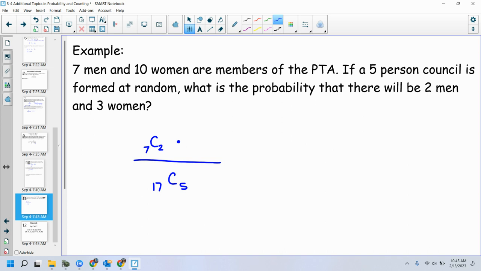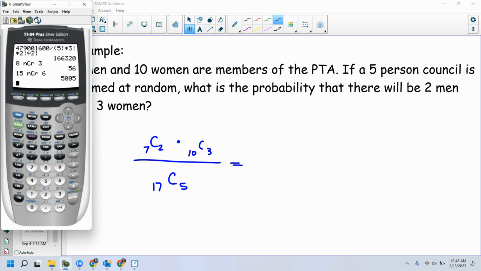So this means multiplication. 10C3. So I've got 7C2 times 10C3 all over 17C5. See, this is where it starts to get a little weird in terms of the different combinations and permutations that we could have.